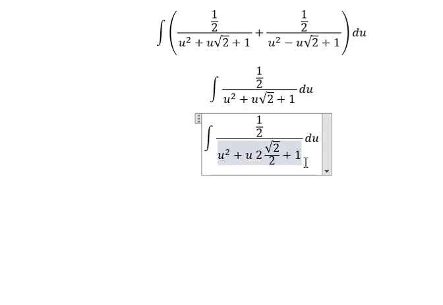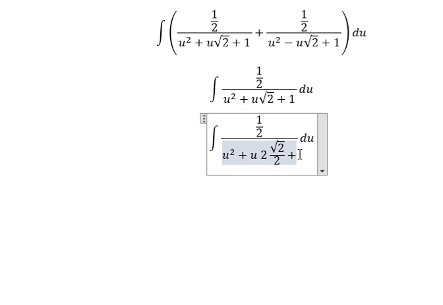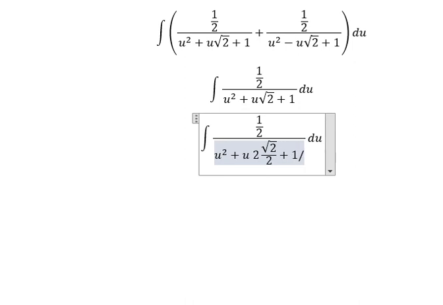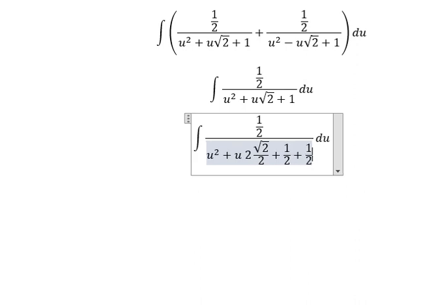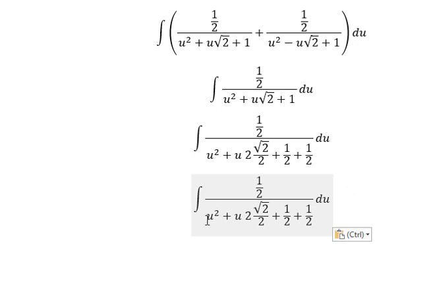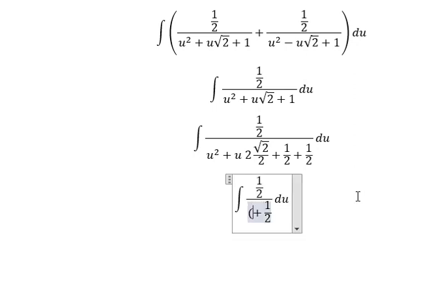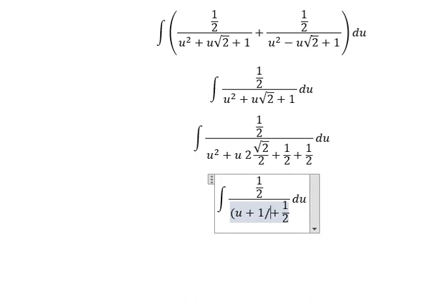So number 1, I will put 1 over 2 plus 1 over 2. So we know that this one is about identities. So we put u plus the number 1 over the square root of number 2.